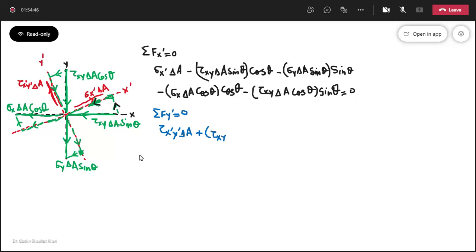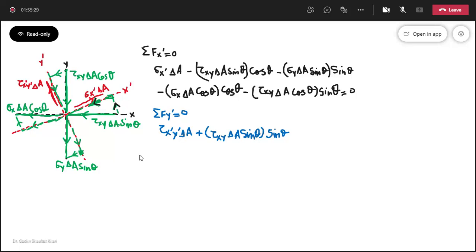Plus tau xy delta A sin theta, and the component will be, what will the component be for this one? Sin. Fine.